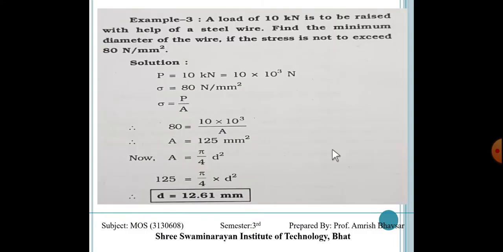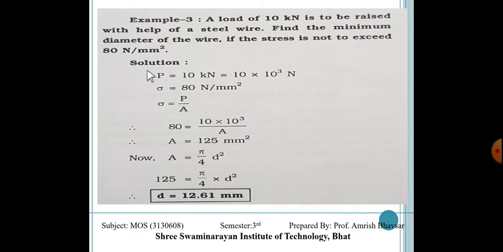Another case: a load of 10 kilonewton is to be raised with the help of a steel wire. Find the minimum diameter of the wire if the stress is not to exceed 80 Newton per mm square.